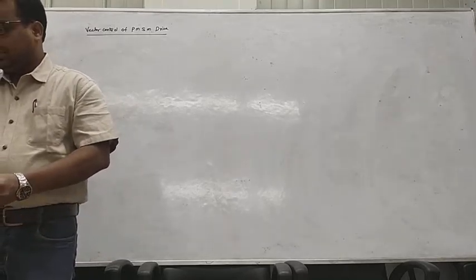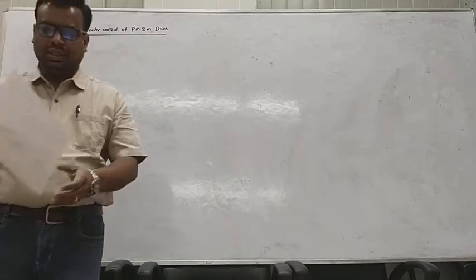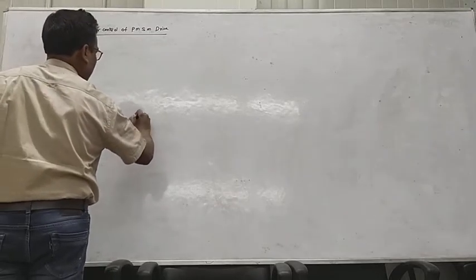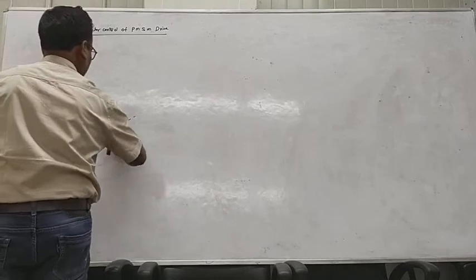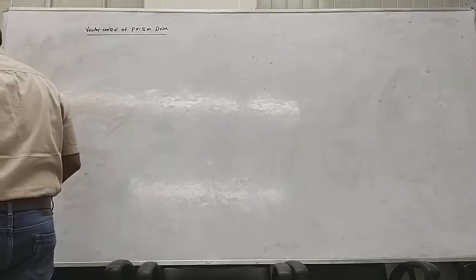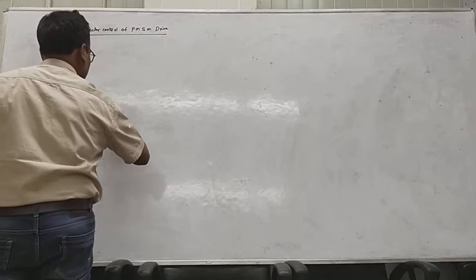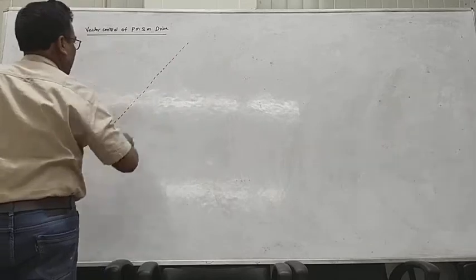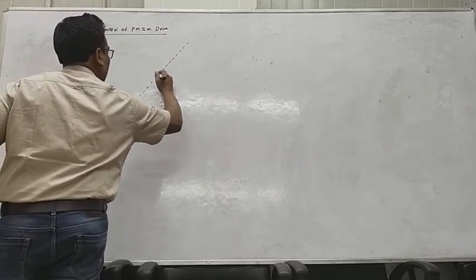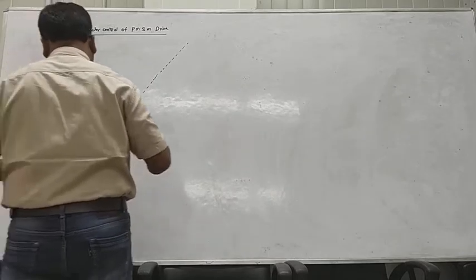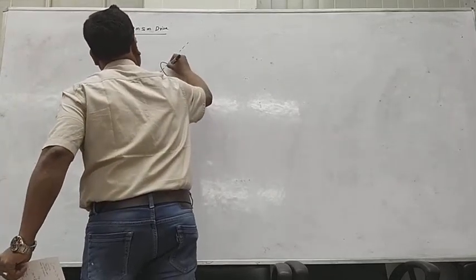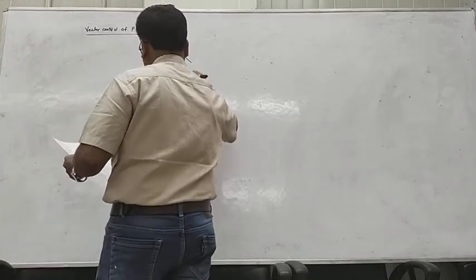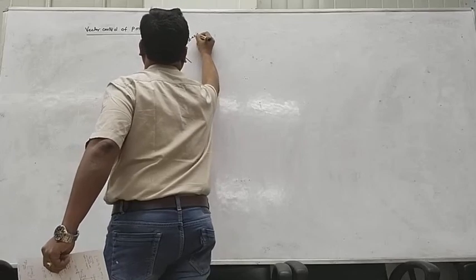So the PMSM, let us assume, these are the direct axis quantities and quadrature axis quantities. This is the direct axis, called the D axis.